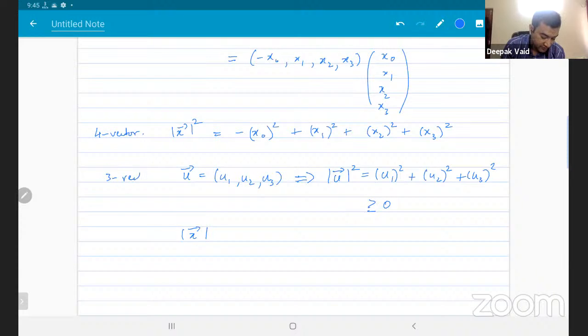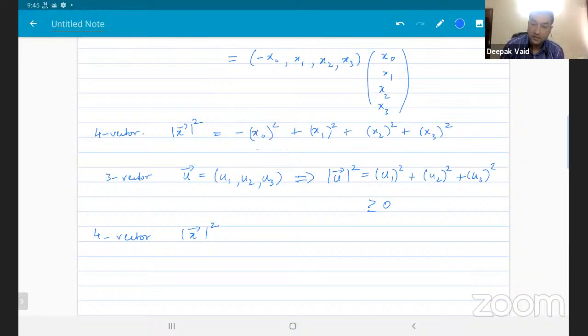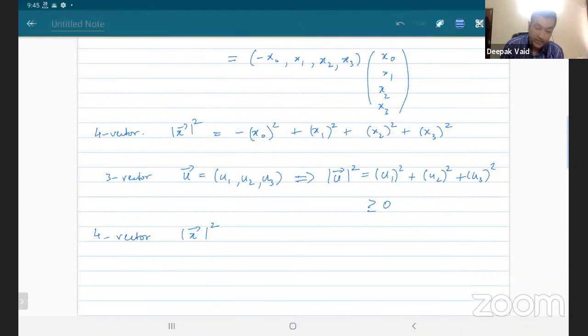But if I look at the length of my 4 vector, for a 4 vector, the squared length, not the length, but the squared length, which is this quantity. You see, these are 3 positive numbers and this is 1 negative number, right? Because x naught squared is a positive number, but there's a negative sign here.